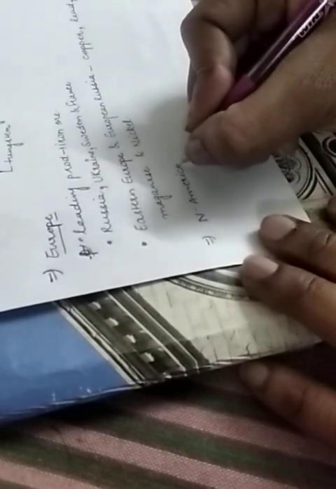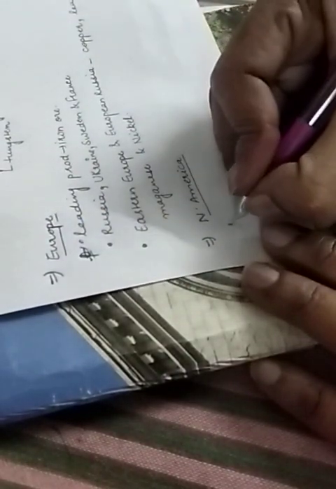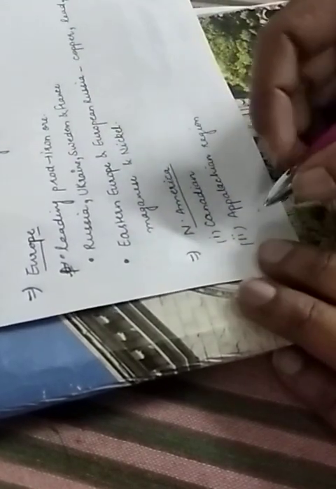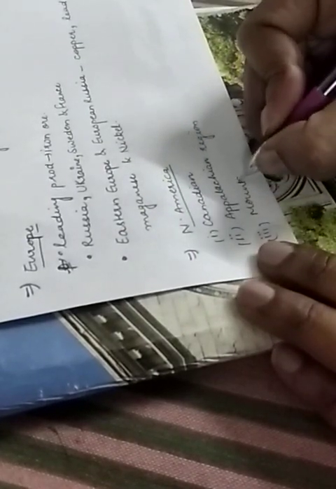Now we have North America. There are 3 zones here. First is Canadian. Second zone is Appalachian region. And the third is mountain ranges of the West.